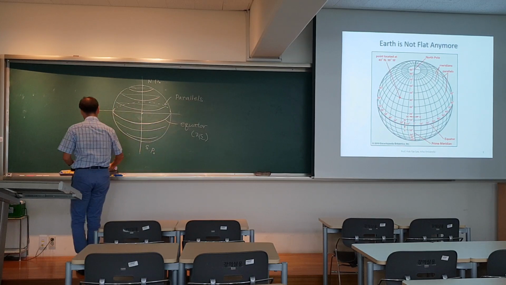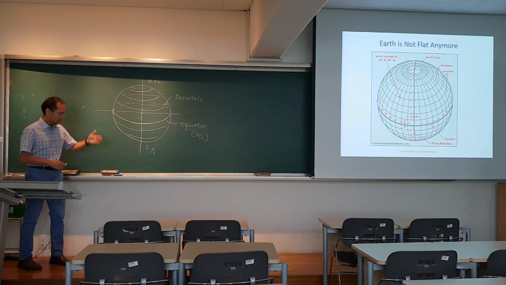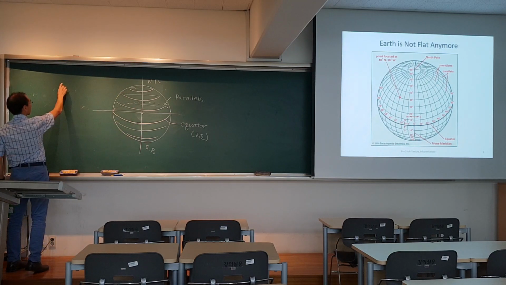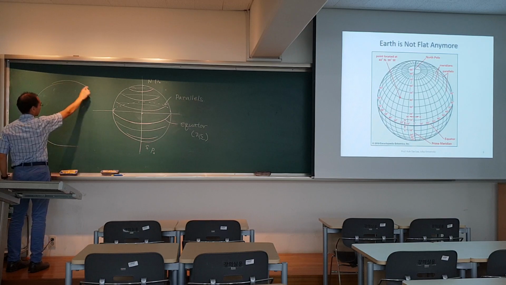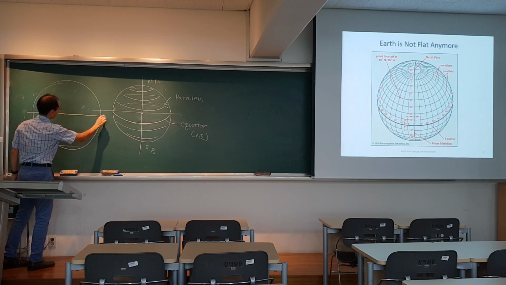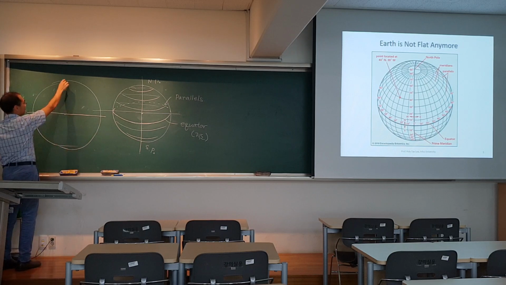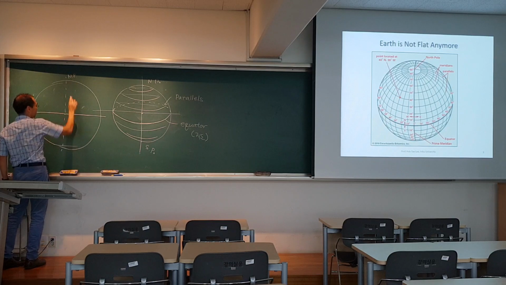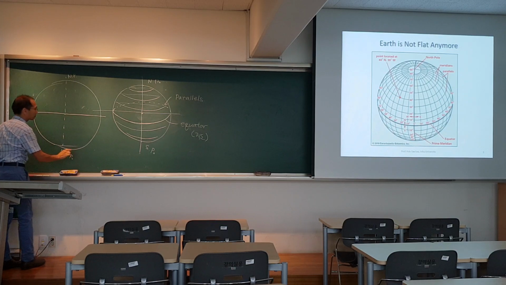Now, let's cut the Earth along the rotational axis. So then, this is the equator, and this is the axis, North Pole and the South Pole.